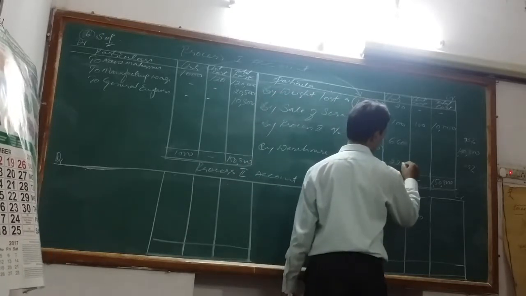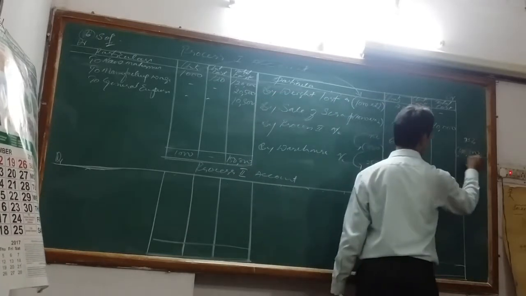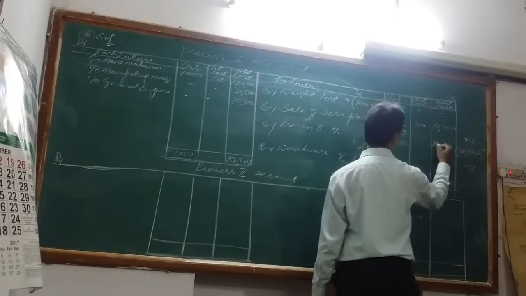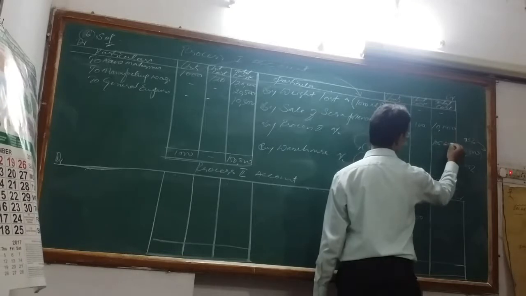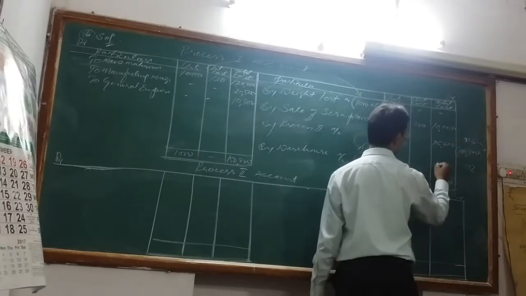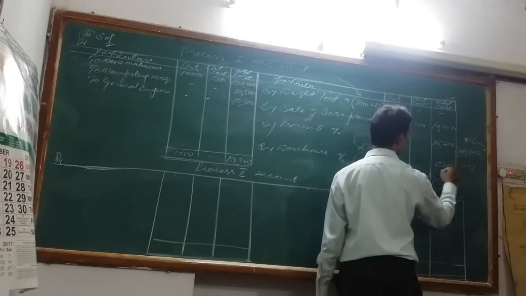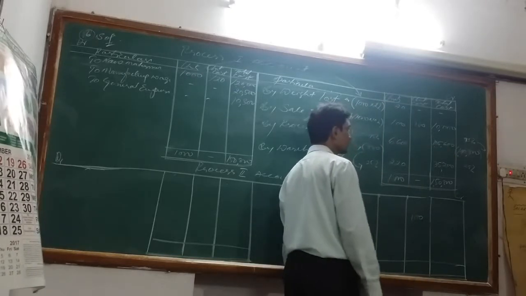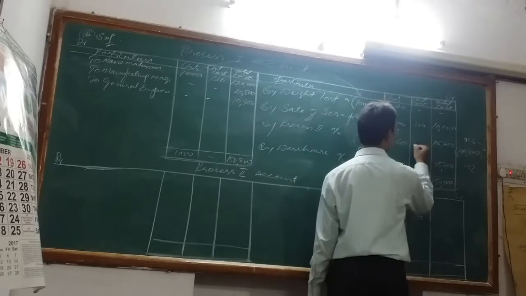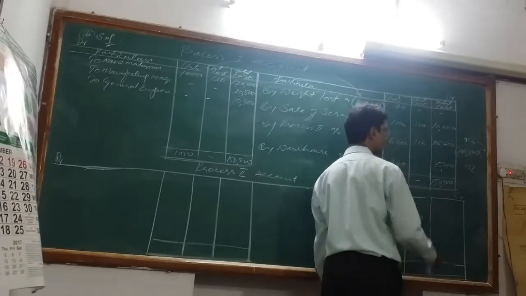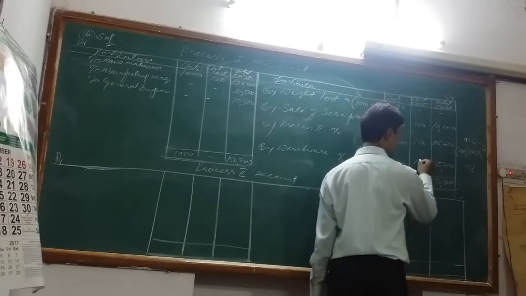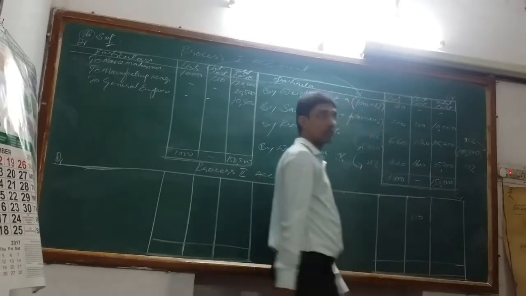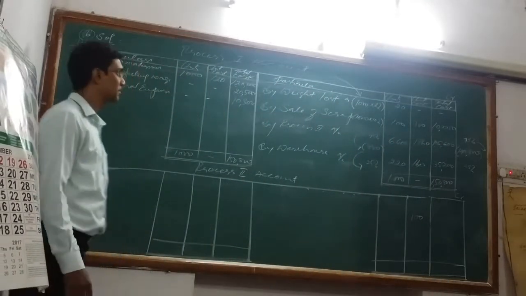Very good. 75%: 1,05,600. 1,05,600 by 660 is 160.